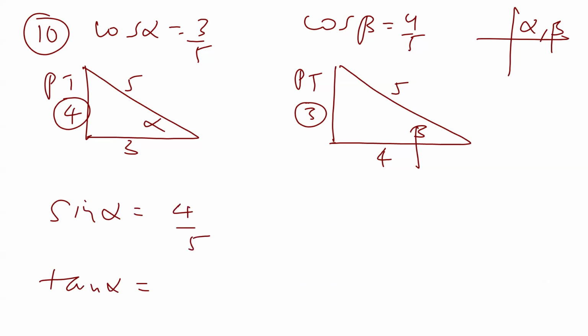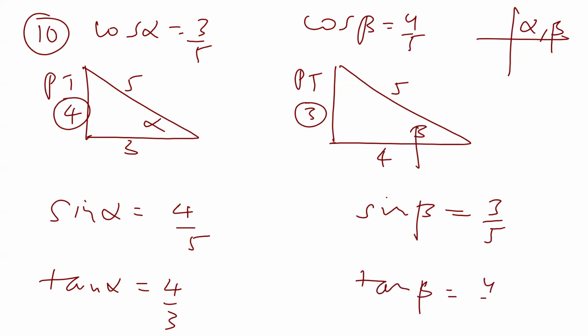So sin alpha is 4 upon 5, first quadrant, it is positive, and tan alpha is 4 by 3. And sin beta is equal to 3 by 5, and tan beta is equal to 3 by 4. Okay, these values are ready in front of us.